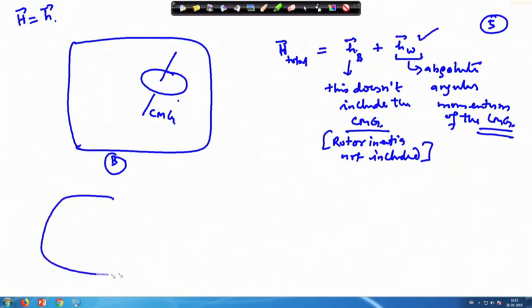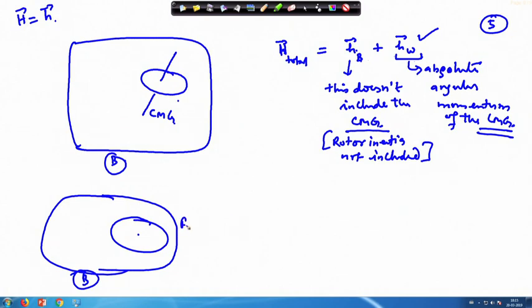That means we are taking this satellite, the body, and there is a hollow inside in which you have the CMG located. So, this is the free body diagram FBD of the body, and here there is your FBD of this CMG.